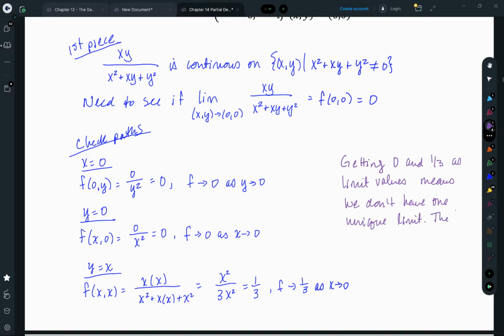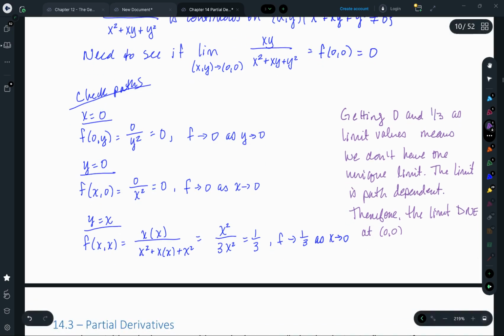The limit is path dependent. So it just depends what direction we're coming from. And so therefore, the limit does not exist at 0, 0.